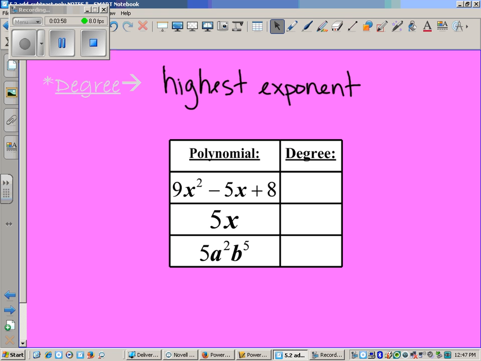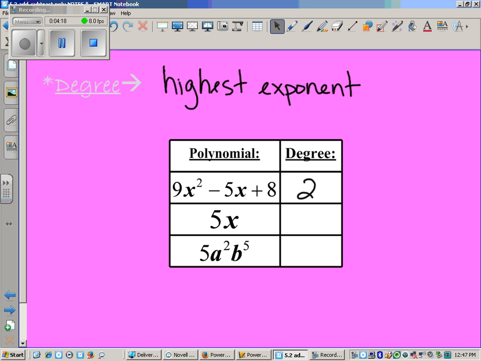Okay? So if I give you these polynomials, the 9x squared minus the 5x plus the 8, and I ask you for its degree, if degree means the highest exponent, what would the degree be of that polynomial? Well, since the highest exponent is 2, my degree is 2.